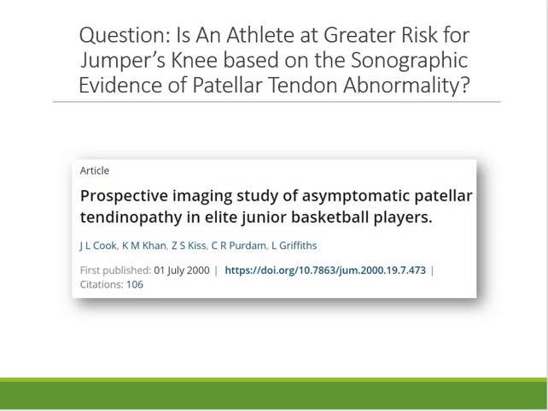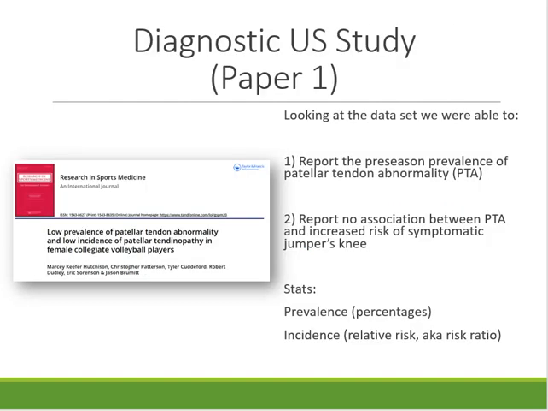So that would be really interesting if you could identify people just from their imaging. How helpful could that be to the athletic trainer at a university? They could quickly do the imaging, see if somebody was at risk, and then get them on an intervention program. Well, we didn't find that to be the case. So we had 120 some athletes that completed all of the imaging studies.